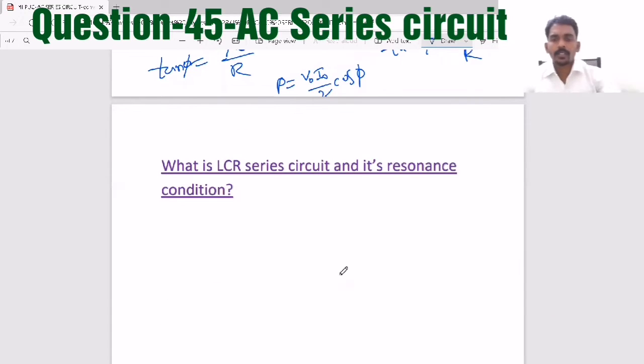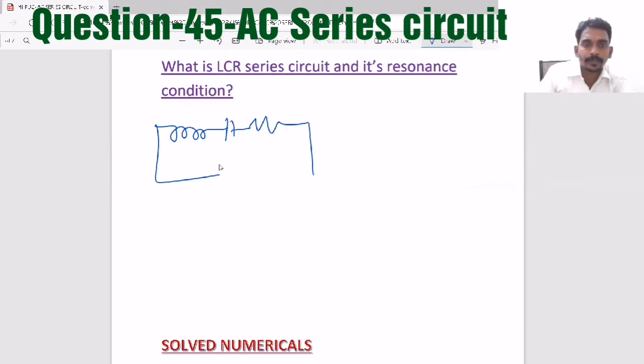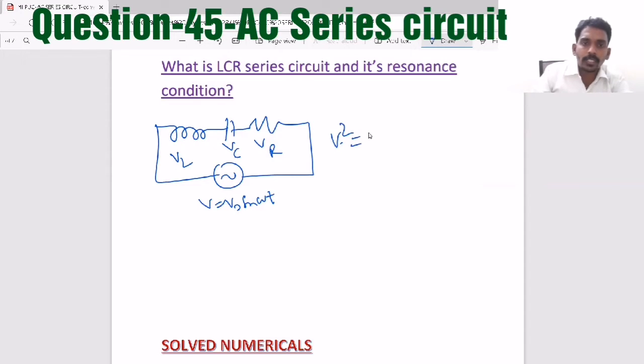Now, one of the most important series combinations is LCR in series across an AC source. With V equal to V naught sine omega t, and voltages VL, VC, VR, the resultant voltage V is the square root of VR square plus the square of VL minus VC, or VC minus VL.